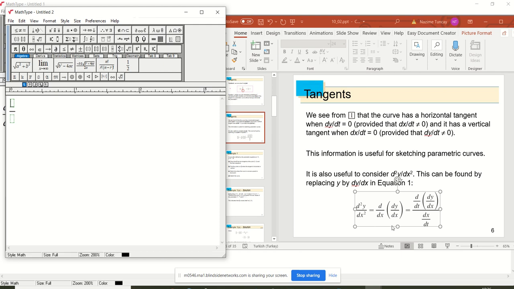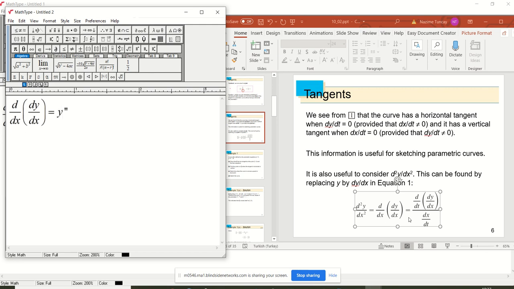So here I start from this part. This is the derivative of y according to x, and the derivative of that according to x. So this means the second derivative of y.